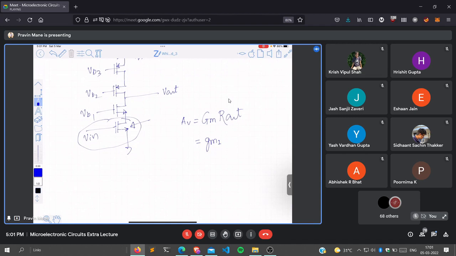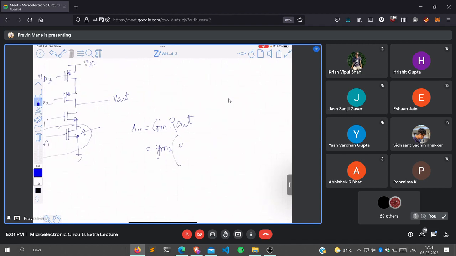And what is R out? GM2 RO2 RO1 parallel GM3 RO3 RO4. So this is the gain equation AV for the cascode. Understood how to deal with the problems?